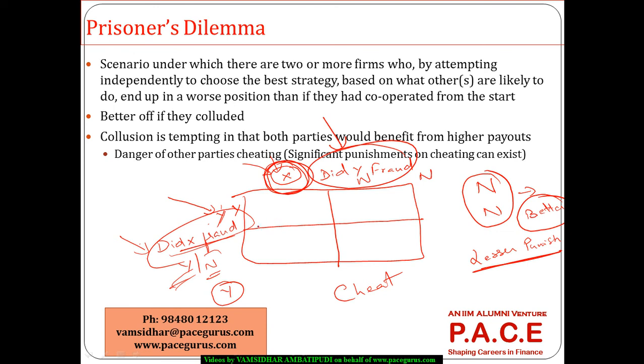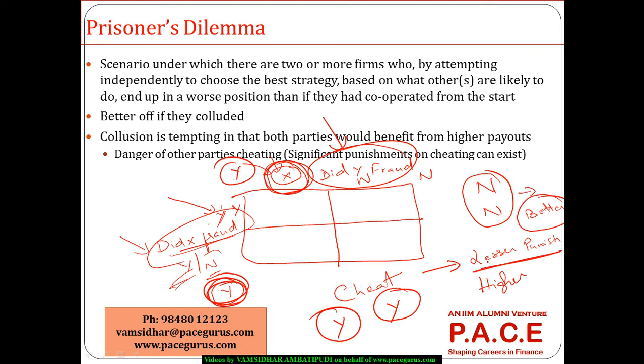So at the end, this guy feels there is an incentive to cheat, and this guy also feels there is an incentive to cheat. Both think of cheating. Both will say yes instead of both saying no, which means both end up getting a higher punishment.